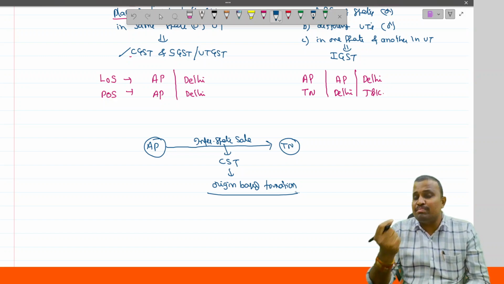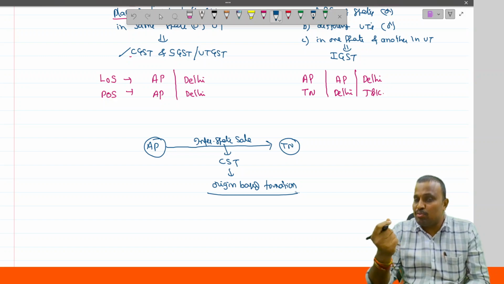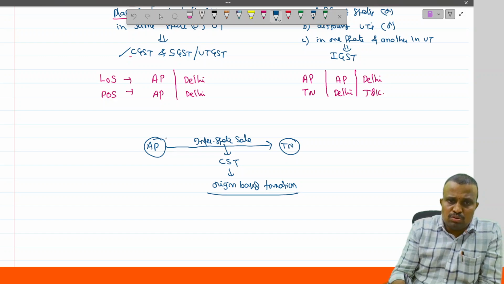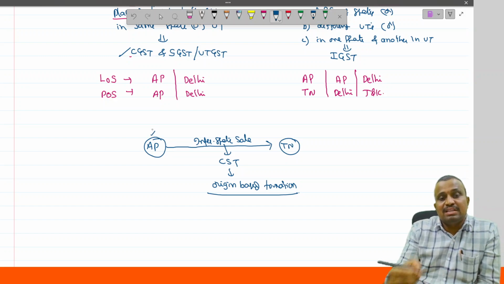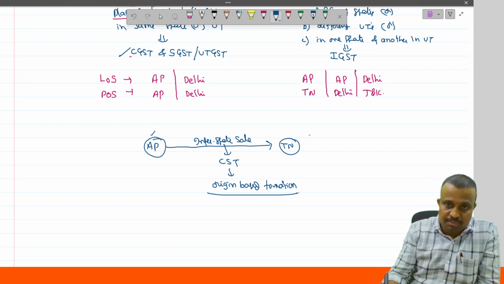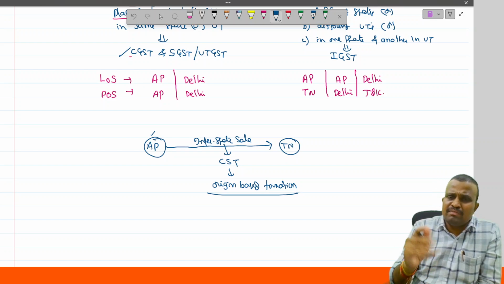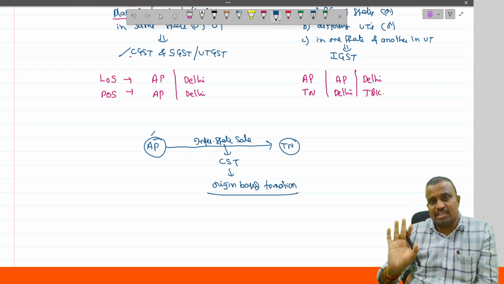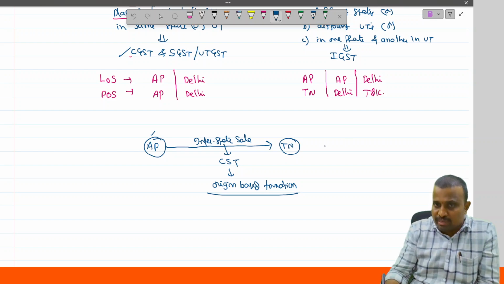In case of origin based taxation, the government or the state from which the movement of the goods has started is levying the tax. Here the movement of the goods has started from AP, so the AP government is levying the CST. So the amount is also collected by the AP government. CST is a central sales tax, administered by the central government but collected by the state government.